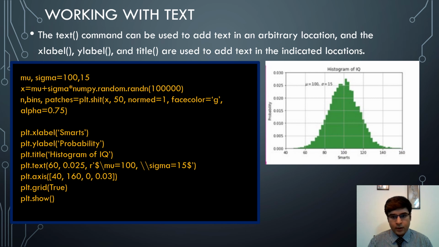This is a random position. We'll use the text function, and the x label goes here and the y label goes in the y axis here. Similarly, the title goes here, which is histogram of IQ. So this is shown with an example here. The full code is here.